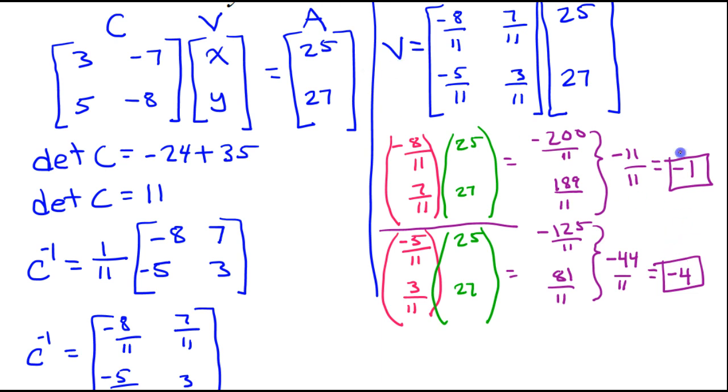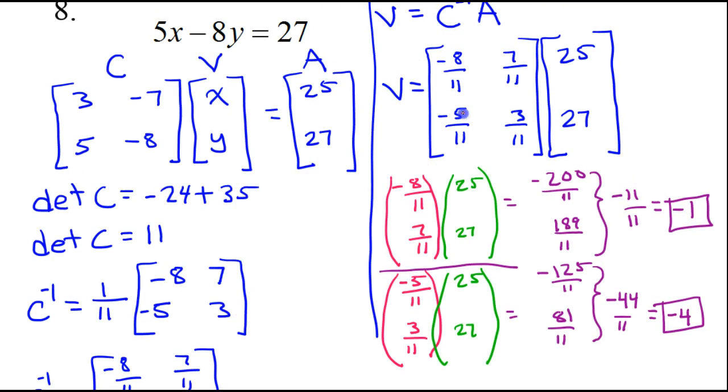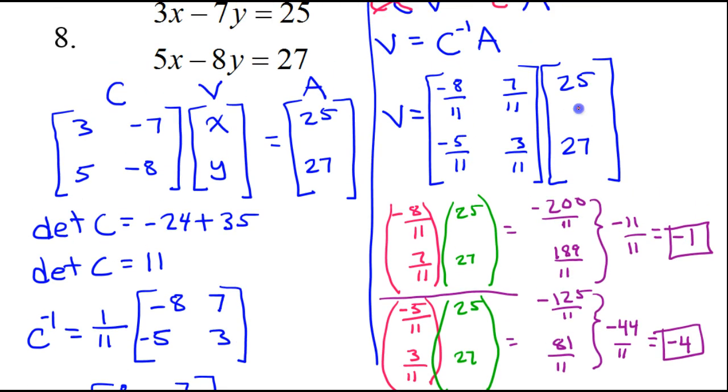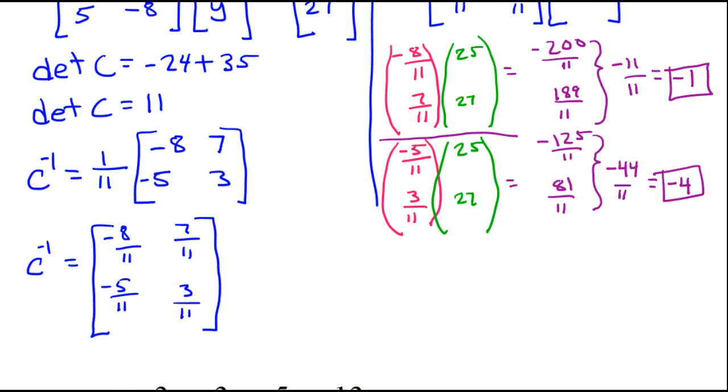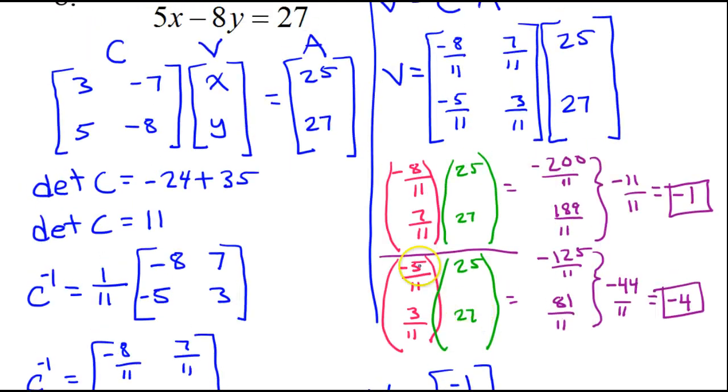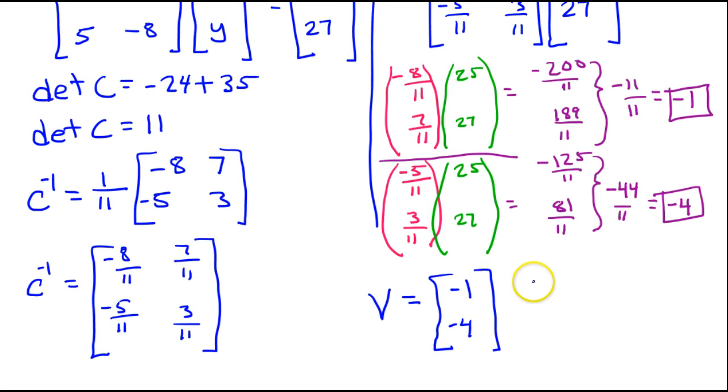Alright, this is the matrix that you get when you multiply C inverse times A. Okay, so our variable matrix V is equal to negative 1, negative 4. Now remembering that our variable matrix V is x and y, that tells us that x is equal to negative 1 and y is equal to negative 4.